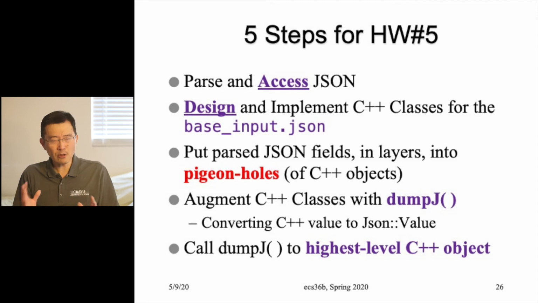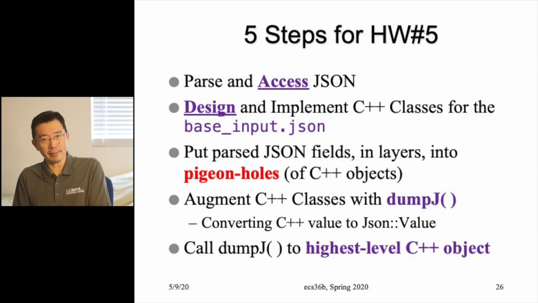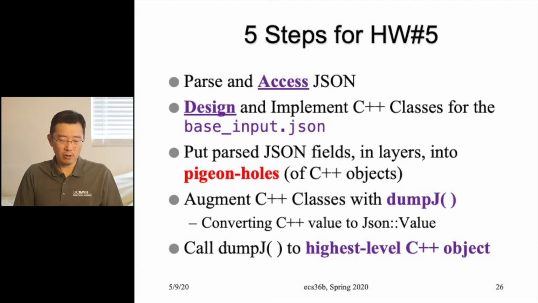But if you're not sure, then I will ask you, where are you in making progress? Have you done step 1 and step 2? And then we can move on from there. I mean, if you know how to access the JSON, are you sure about that?